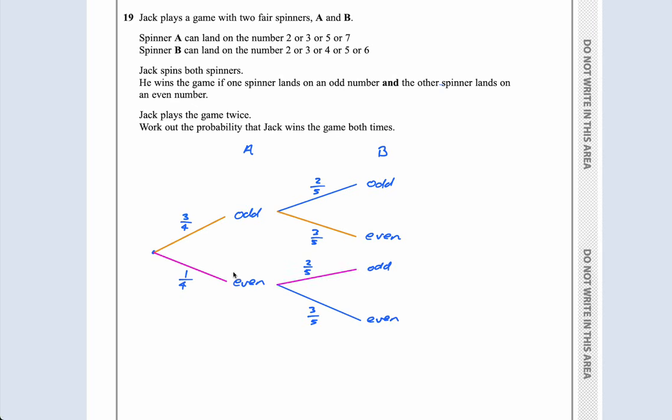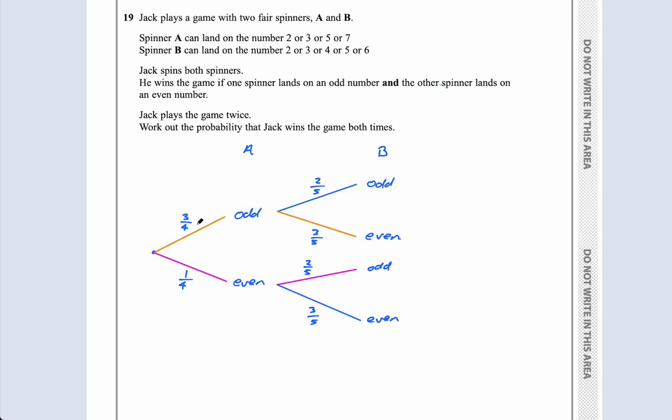They're the two ways he can win. He needs an odd in A and an even in B, or an even in A and an odd in B, because it says here, an odd number on one and an even number on the other.